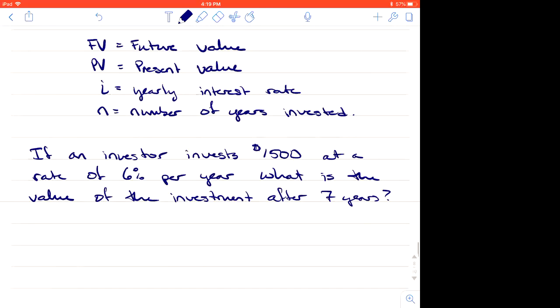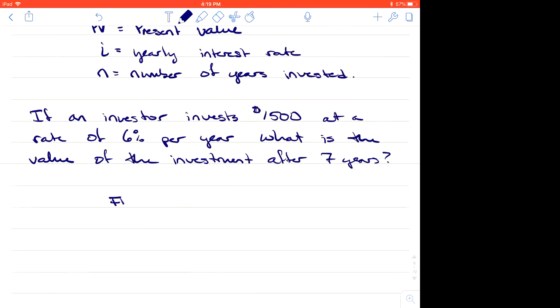Okay, so jotting down our formula, right? The future value is the present value times 1 plus I to the power of n. It's just a matter of plug and chug, right? Once you read this and you identify that, okay, so the initial investment was $1,500, right? The 1,500.